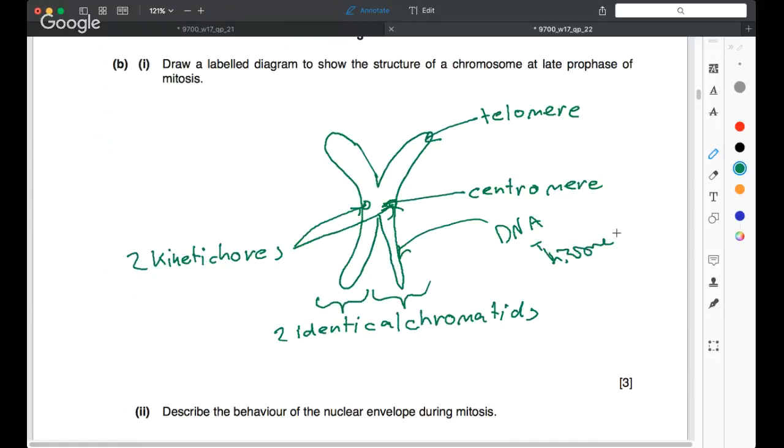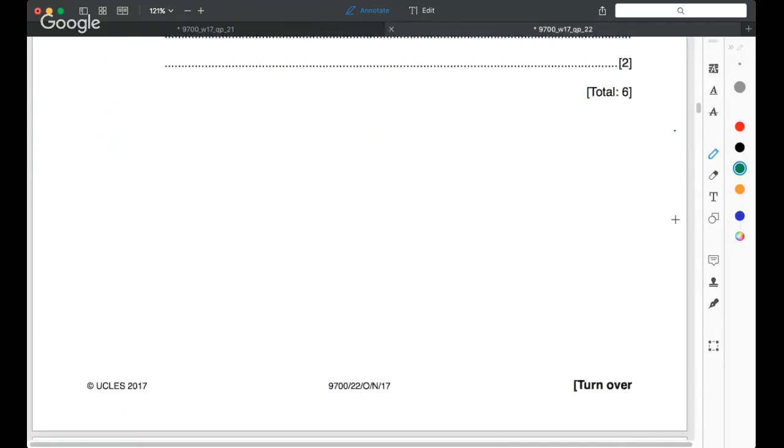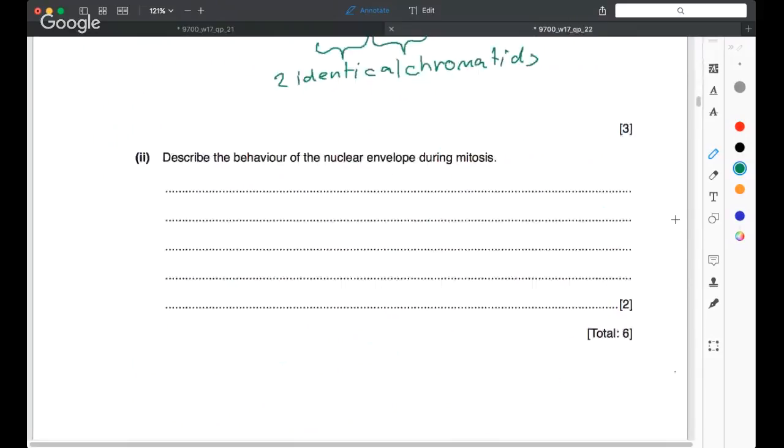Okay. Yeah. Good. It's broken down in prophase and synthesized in telophase. Good.